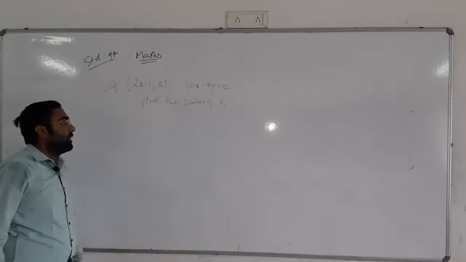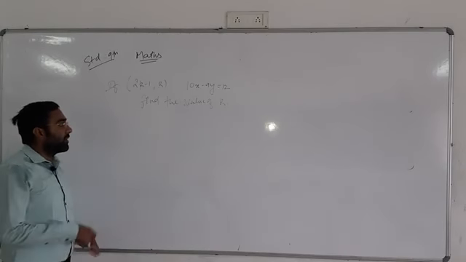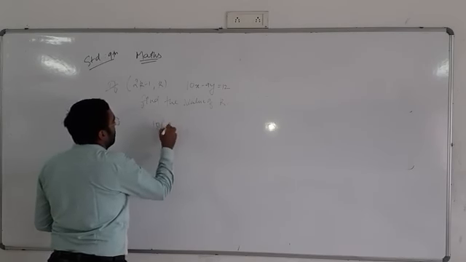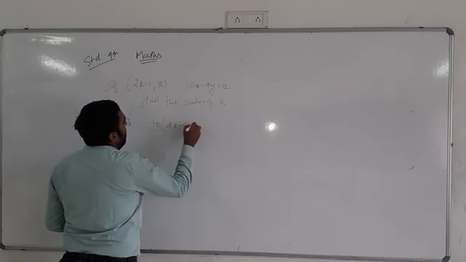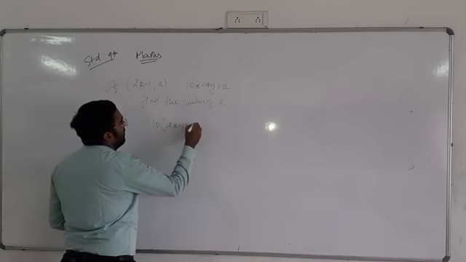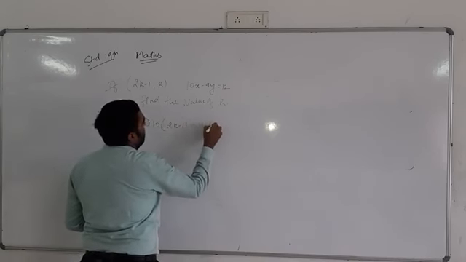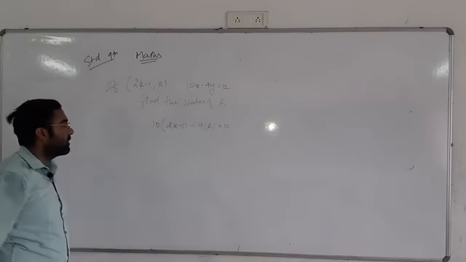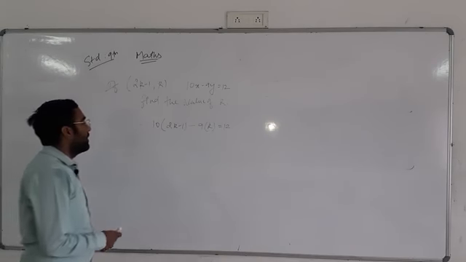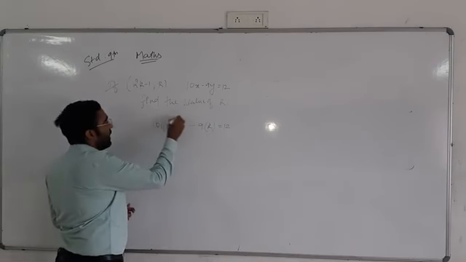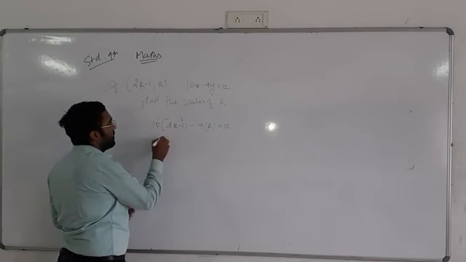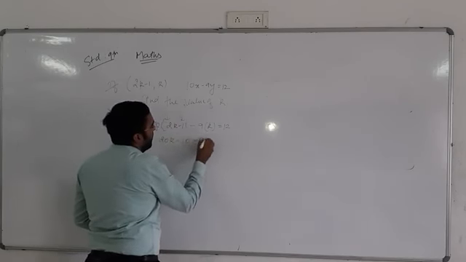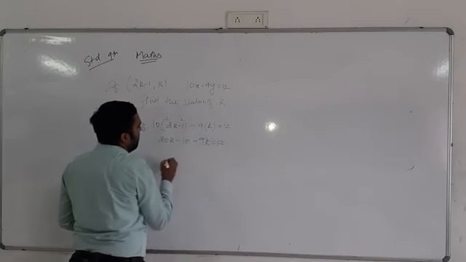Same as we did in the previous question, take the value of x as 2k - 1 and y as k, so 10(2k - 1) - 9k = 12. Now solve this. 10 is multiplied with both 2k and 1, that is 20k - 10 - 9k = 12.